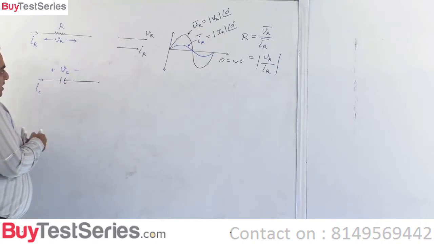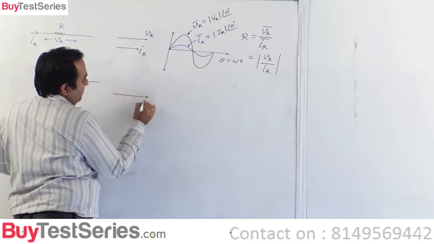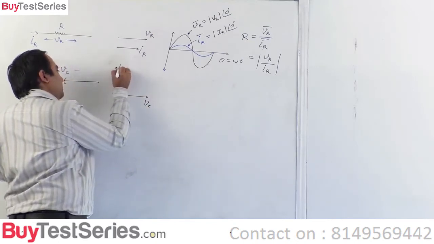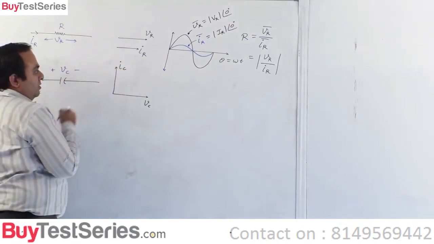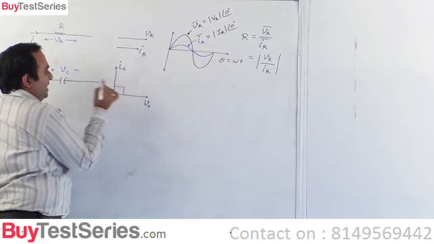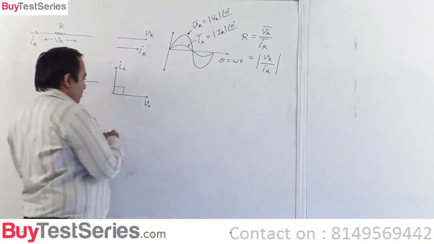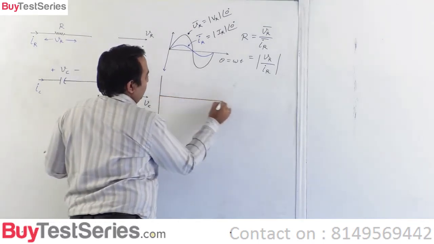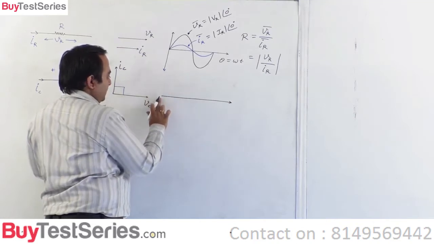So here the current will lead the voltage by 90 degrees. This is your IC. So the current would lead the voltage by 90 degrees, meaning if voltage is your reference, the current has to lead.